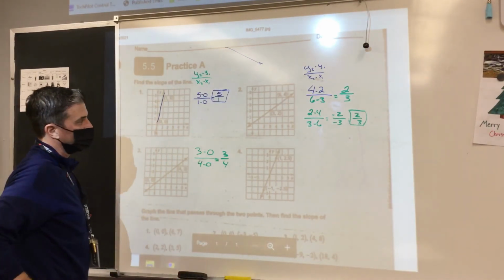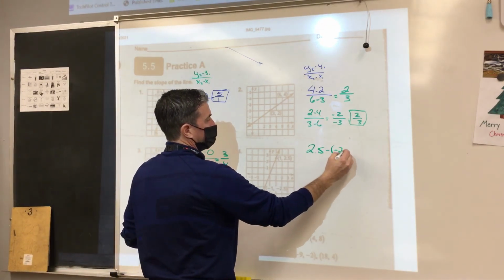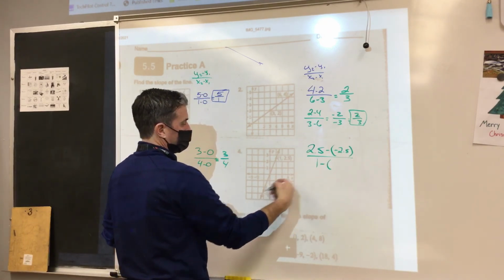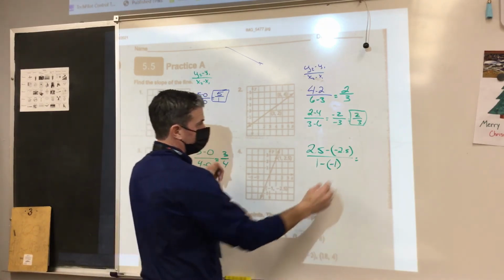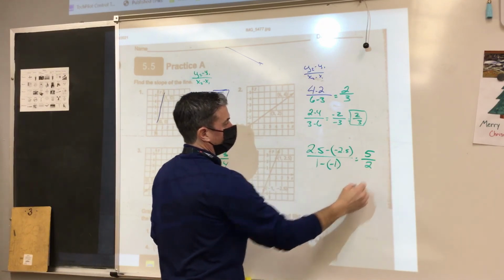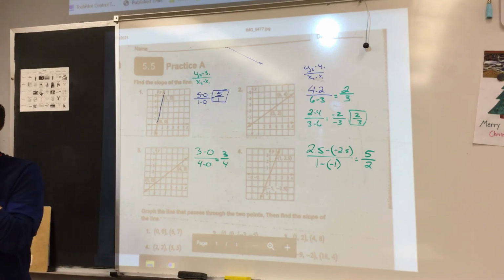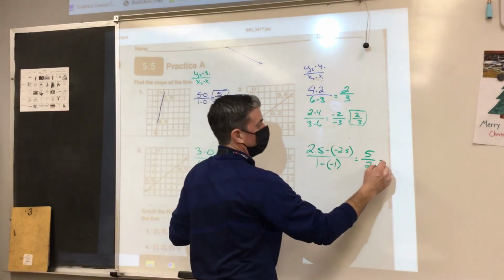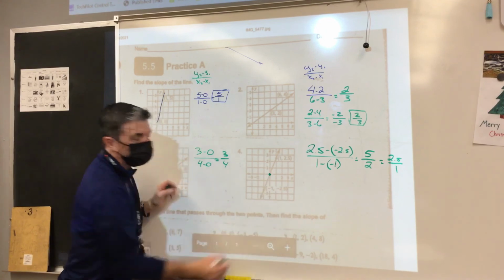I did 2.5 minus a negative 2.5, and 1 minus a negative 1. And I got 5 over 2. Okay. Can that be simplified? What would be the unit rate? What would be down to 1? 2.5 over 1. Could we have done that anyway? Because isn't that going through the origin?